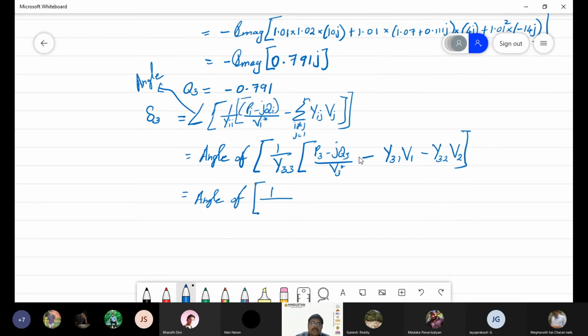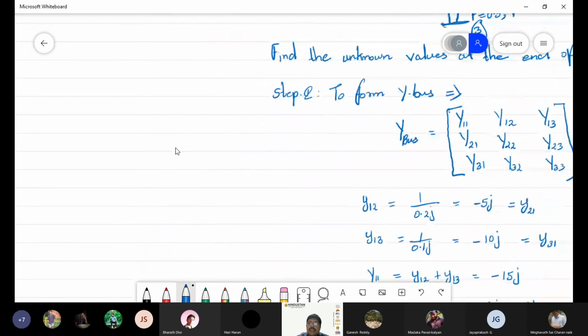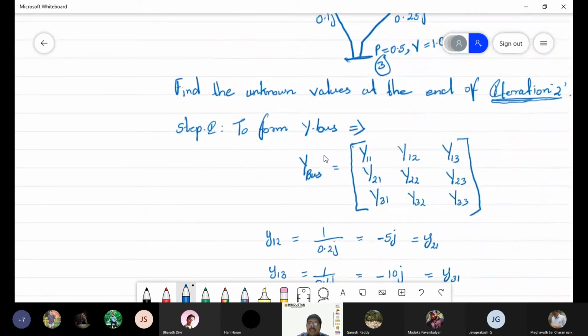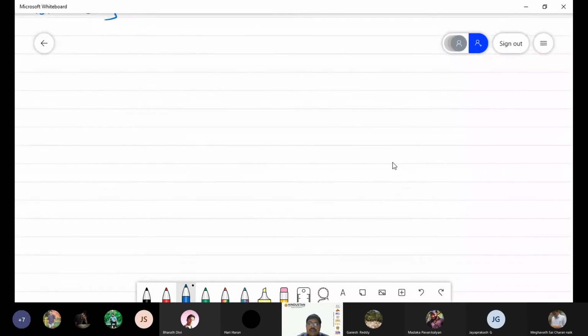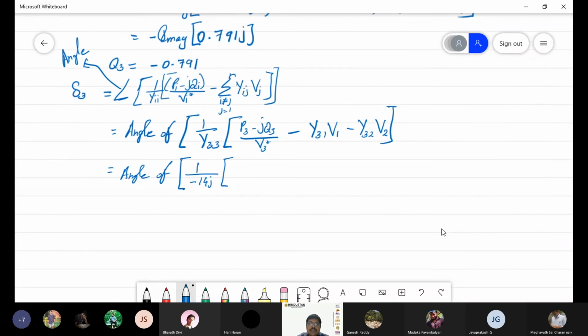1 divided by, as we know that the Y33 value is minus 14j, and the P3 value is given in the problem itself. P3 value is 0.5, V3 value is 1.01. So here we substitute the P3 value, that is 0.5, minus Q3 value.